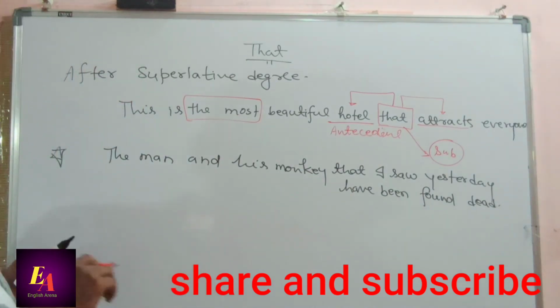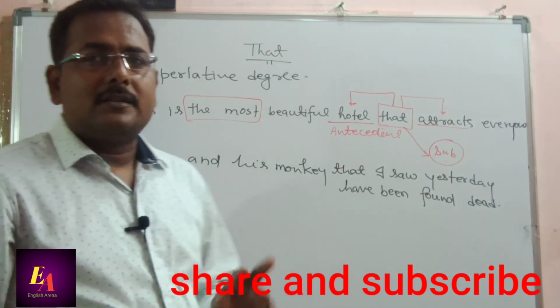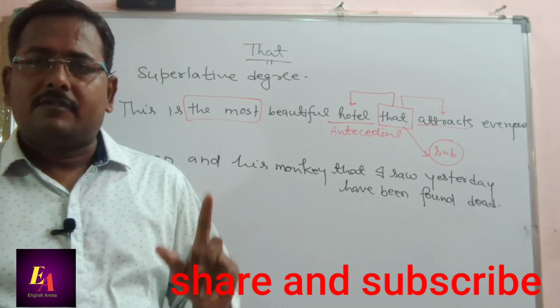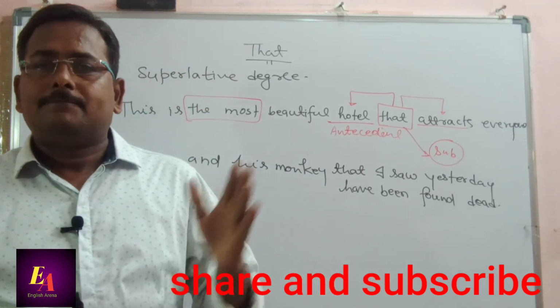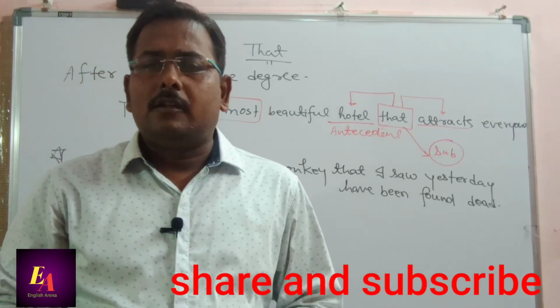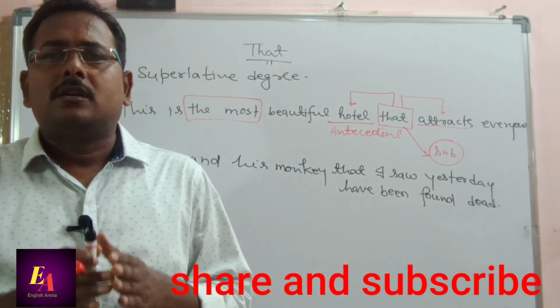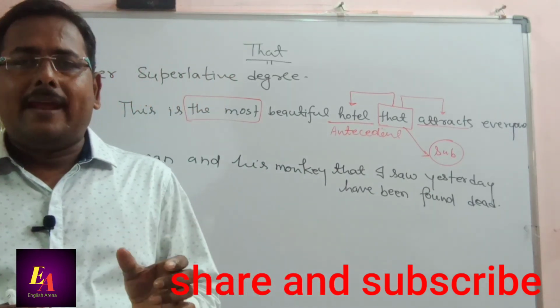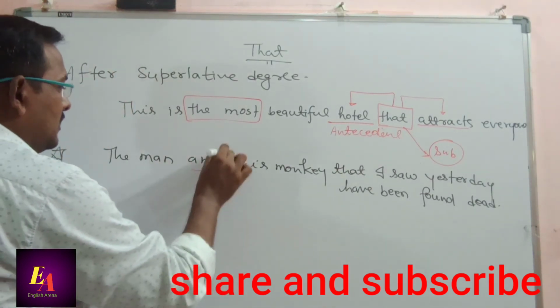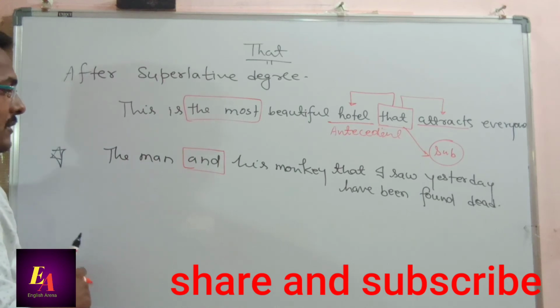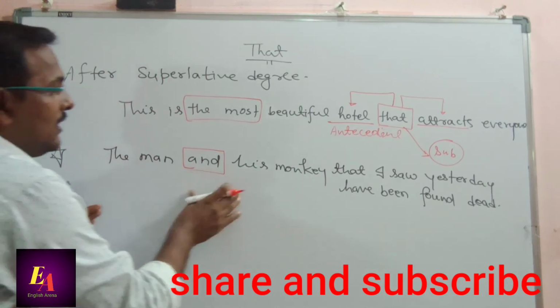In this example, as I mentioned, there are two antecedents. The first is a human being and the second is an animal or any non-living thing, and both are joined with and. So in this example you can see the man and his monkey.